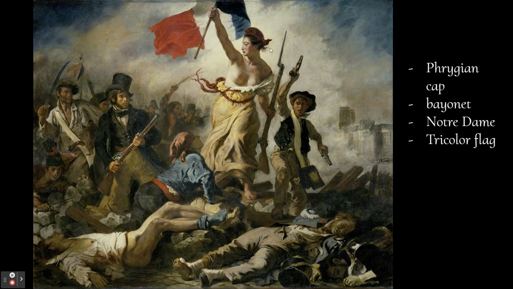Okay, let's now talk about all the other people involved here, because there's messages in the other people as well besides just Lady Liberty. All right, this guy here. We have a man in the colors of the revolution, red, white, and blue, looking up at Lady Liberty. Those colors again represent revolutionary ideas like freedom, representative government.